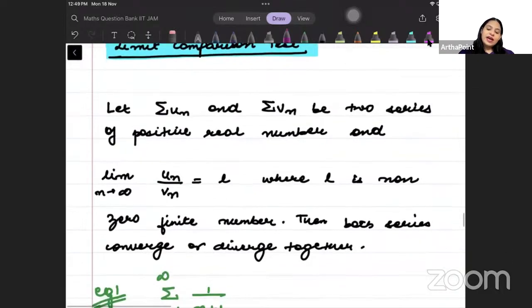Now the next one that we have is called the limit comparison test. Let me first explain what the limit comparison test is saying.